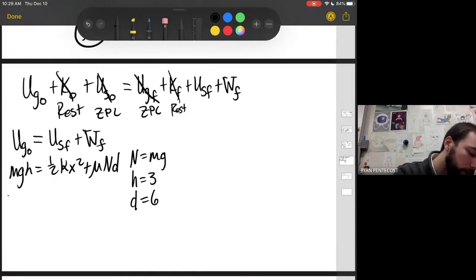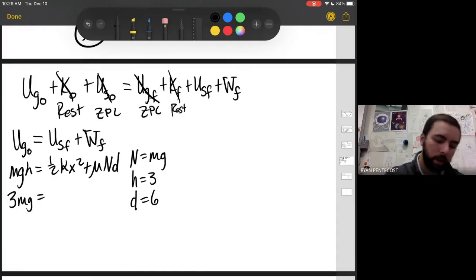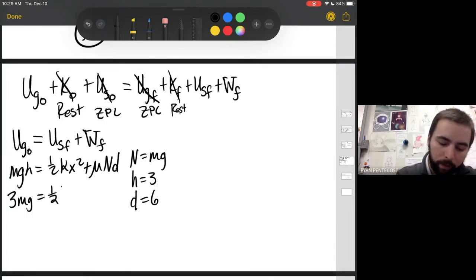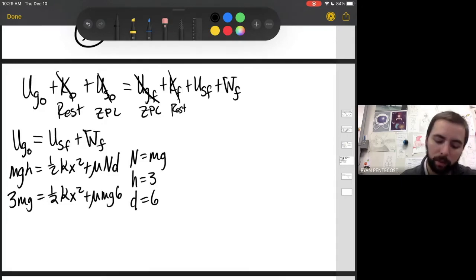We have 3mg equals 1/2 kx squared plus mu mg times 6. So I'll move that 6 when I do my math. So let's solve for mu.